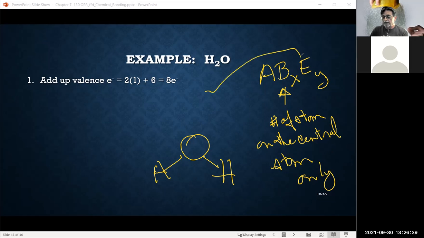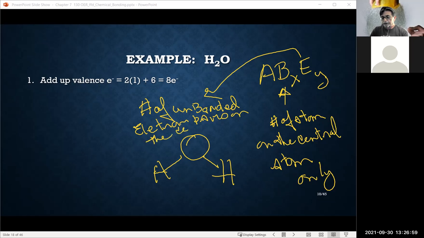And E is the number of unbonded electron pairs on the central atom only. Okay, and we had 2 on there.